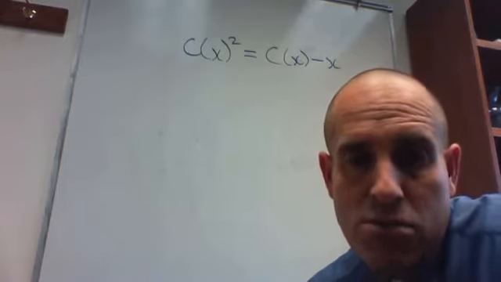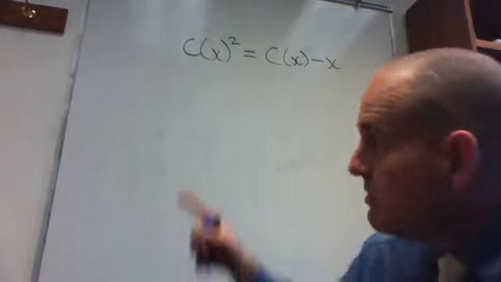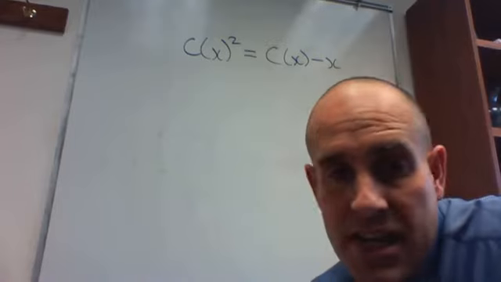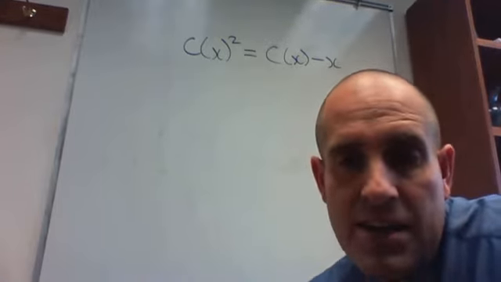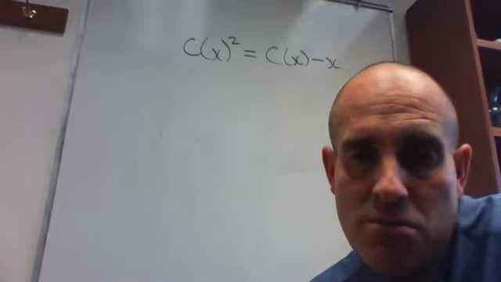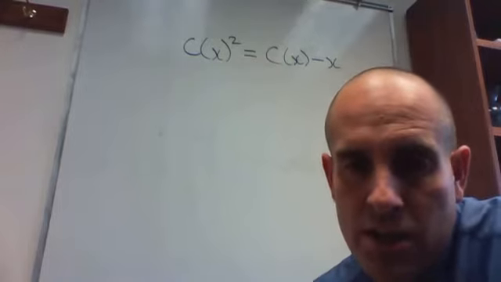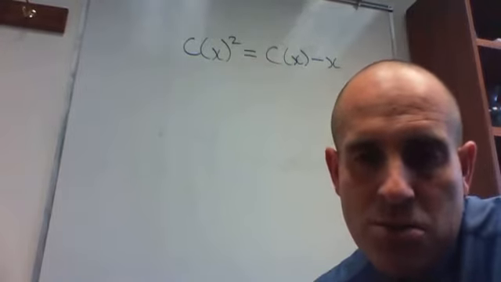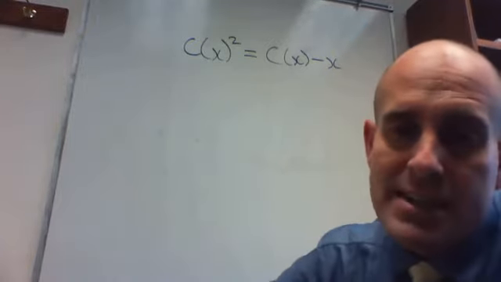Or even if you don't know anything about the Catalan numbers at this point, that is an identity that this function satisfies. And even if you didn't know it had anything to do with Catalan numbers, you could stare at this and come up with a formula for that function based on what we're about to do. But all of the information about the Catalan numbers is captured by this identity.